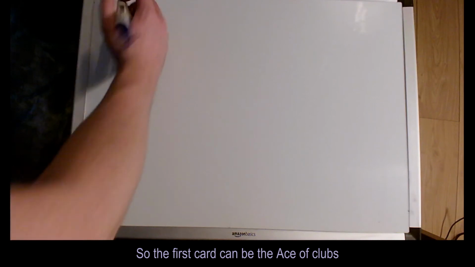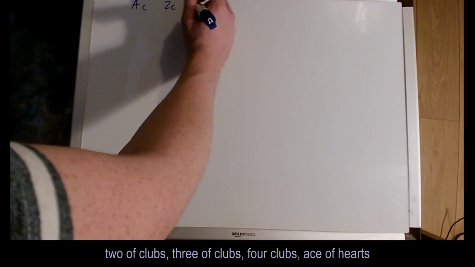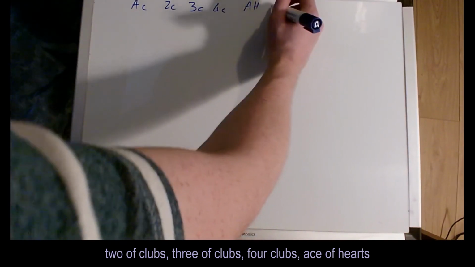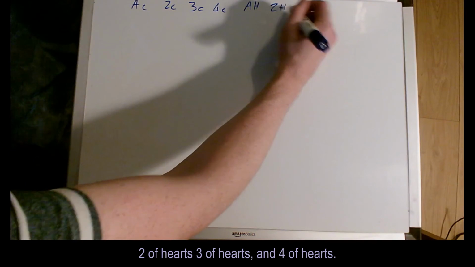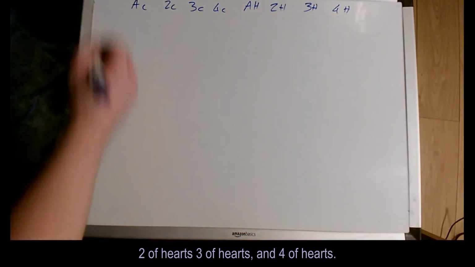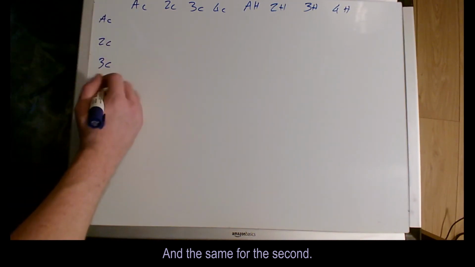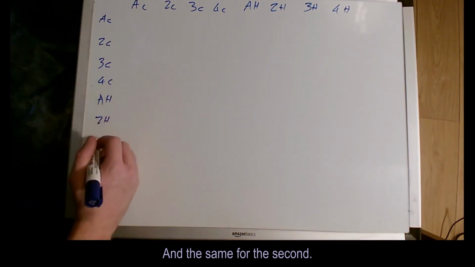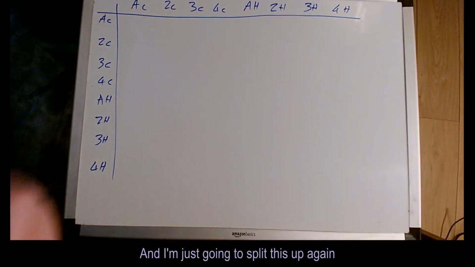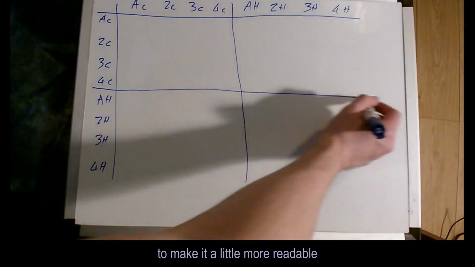So the first card can be the ace of clubs, 2 of clubs, 3 of clubs, 4 of clubs, ace of hearts, 2 of hearts, 3 of hearts, and 4 of hearts. And the same for the second. I'm just going to split this up again to make it a little more readable.